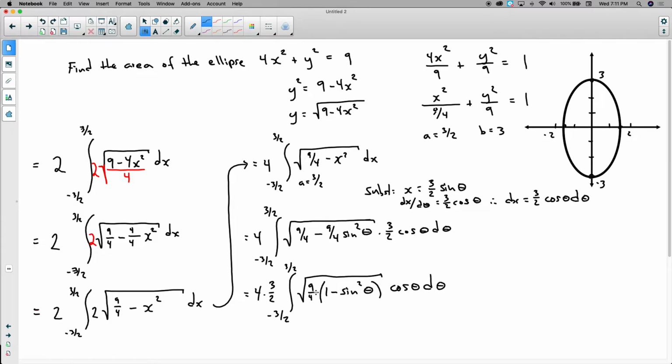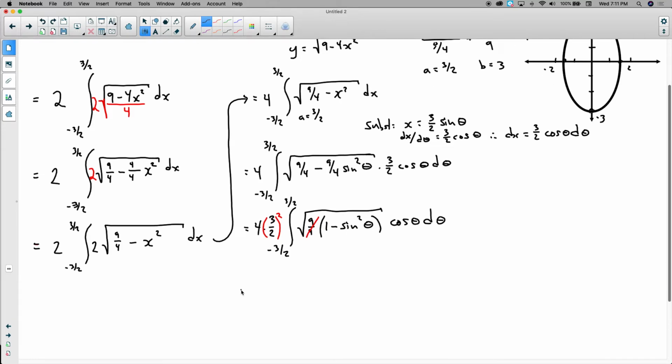Factoring out a 9/4 allows me to take out this 9/4 because the square root of 9/4 is 3/2. So I guess I could show that by getting rid of it. A 3/2 comes out to join that one. That's 3/2 squared.